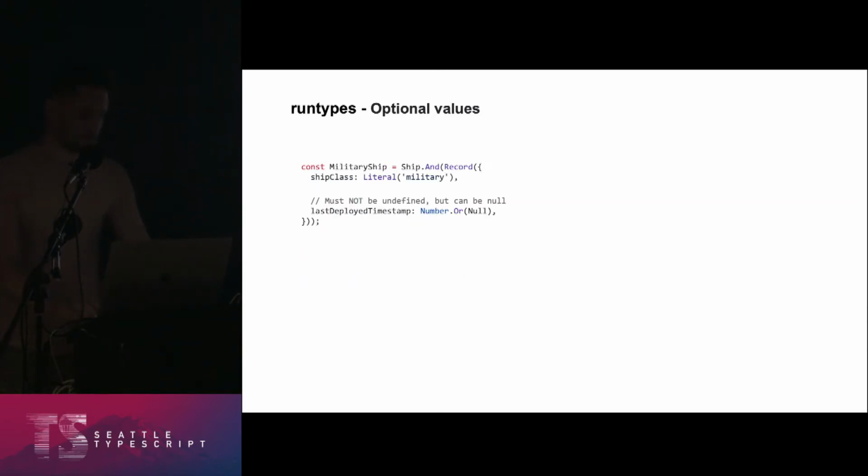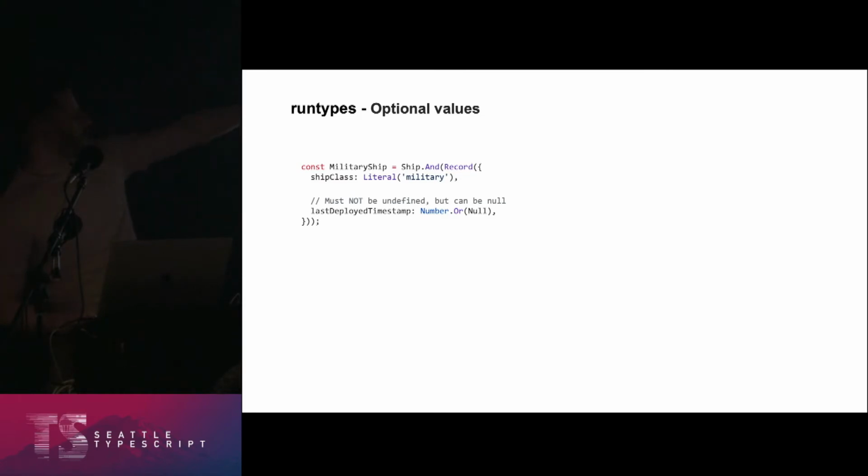Okay, so again, it has a lot of flexibility. I didn't go through all of the possibilities here, but another one I'll point out is you can combine them. So you see a military ship is a ship, and it also has these properties. And record, again, is the interface.